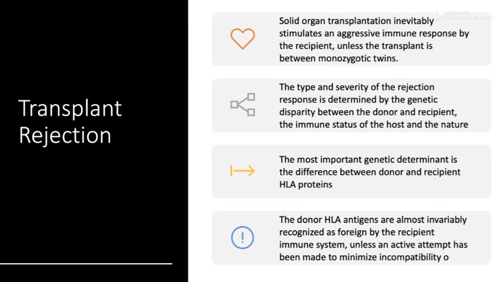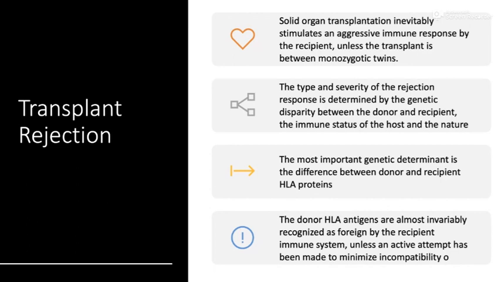Transplanted tissue from another body will stimulate antibody formation, just like any antigen entering the body. The type and severity of the rejection is determined by the genetic disparity between the donor and recipient and the immune status of the host.